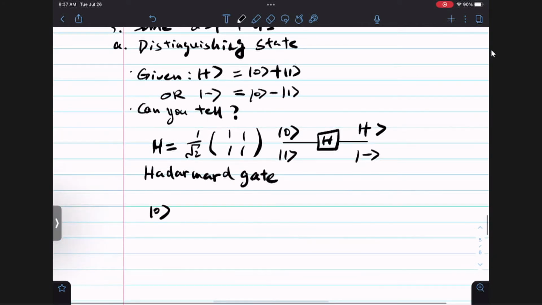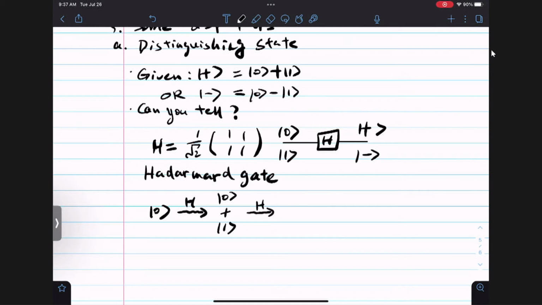So let's actually see what happens here. Suppose I start with |0⟩, I apply a Hadamard, then I get |0⟩ plus |1⟩, so that's the plus state. Now, suppose I want to apply Hadamard again, then by linearity, I just need to apply Hadamard to |0⟩ and |1⟩ and then combine them. If I apply Hadamard to |0⟩, I get |0⟩ plus |1⟩.